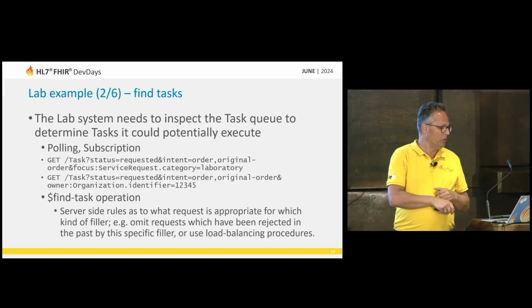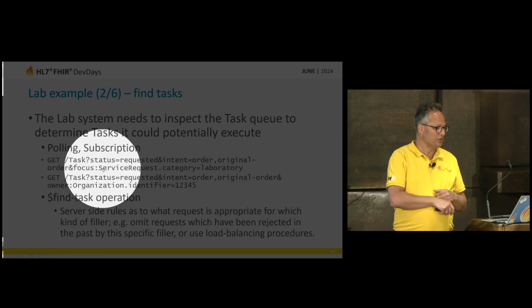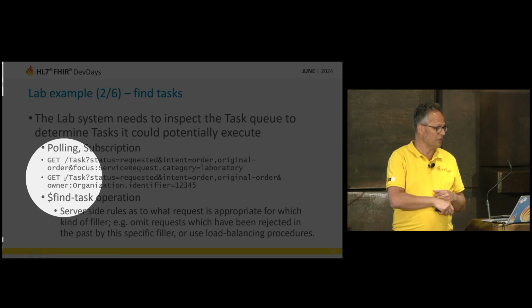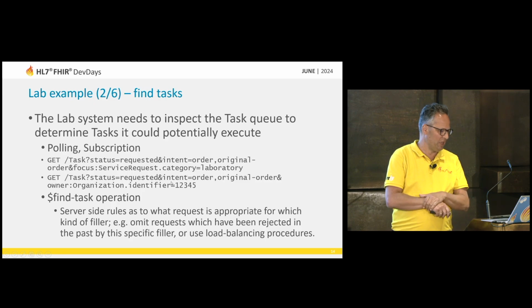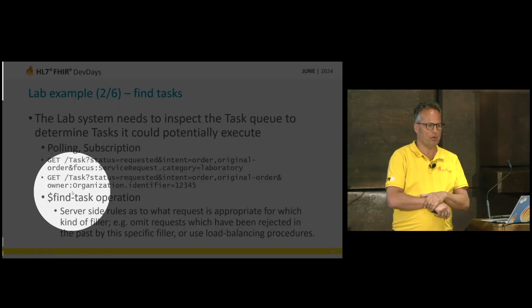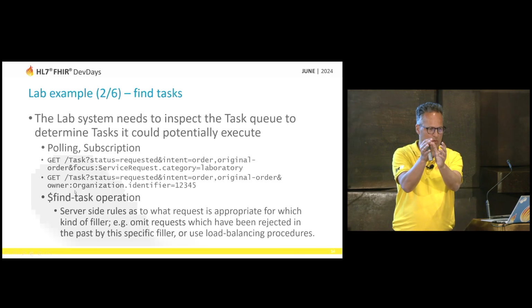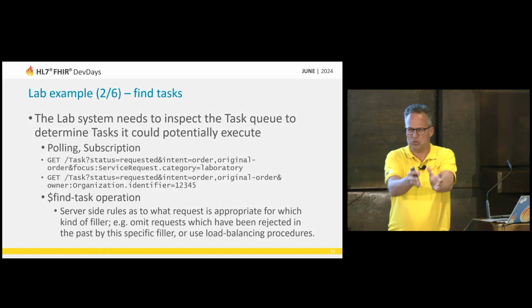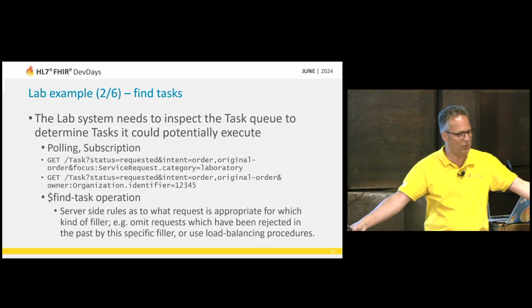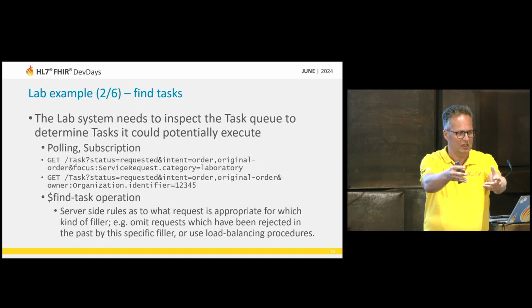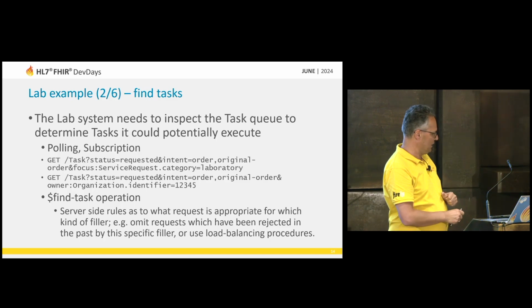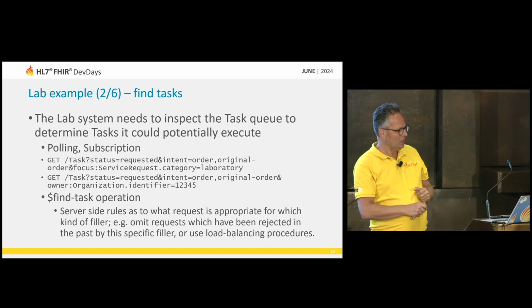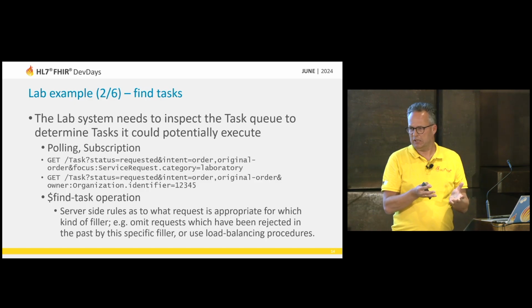Or it could be simple: give me all the stuff that's related to orders that were done by a certain organization. Or, and I've also seen this already, they use a FHIR operation on the centralized workflow server. Okay, if you have the centralized workflow server and you have these 5 competing laboratories, then you may wish to do a bit of load balancing, really.